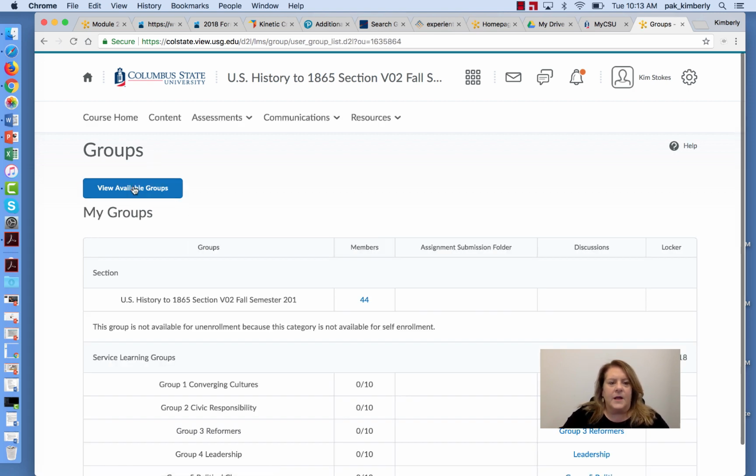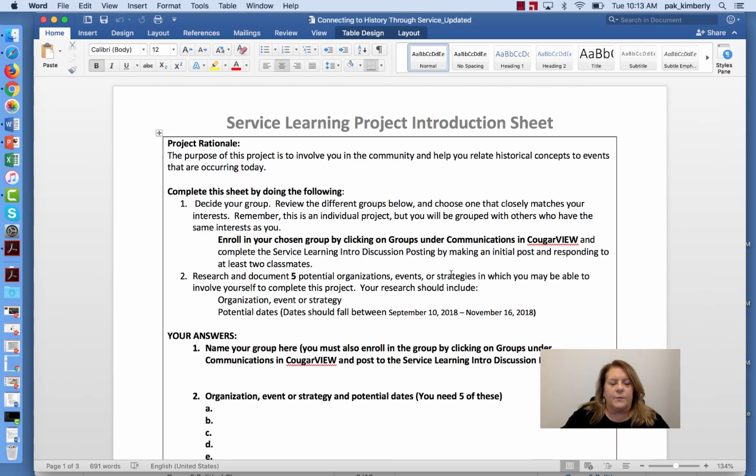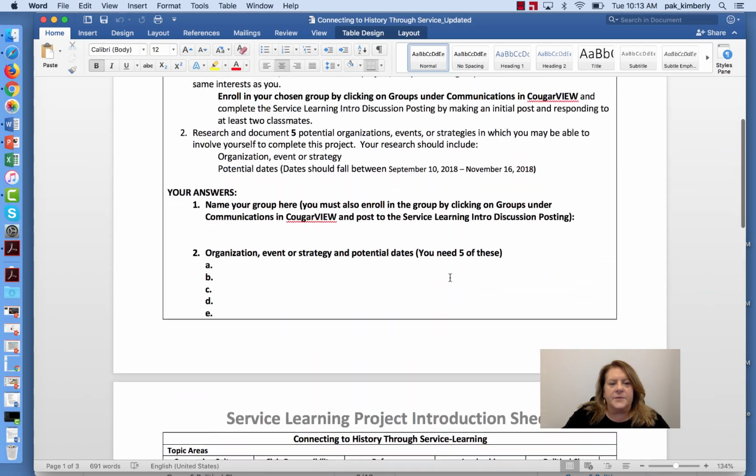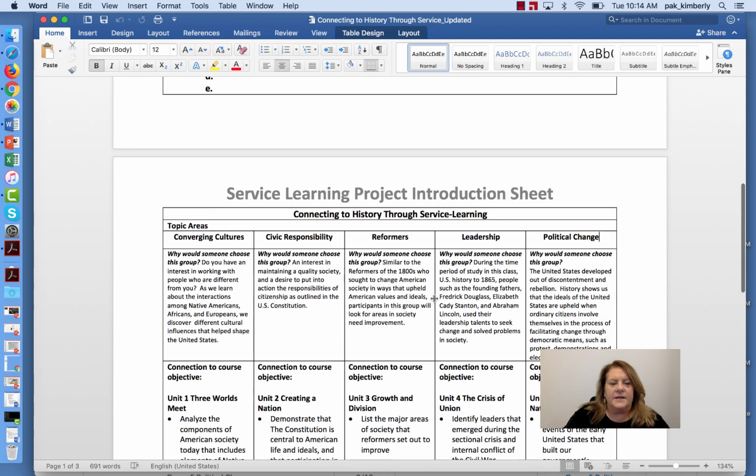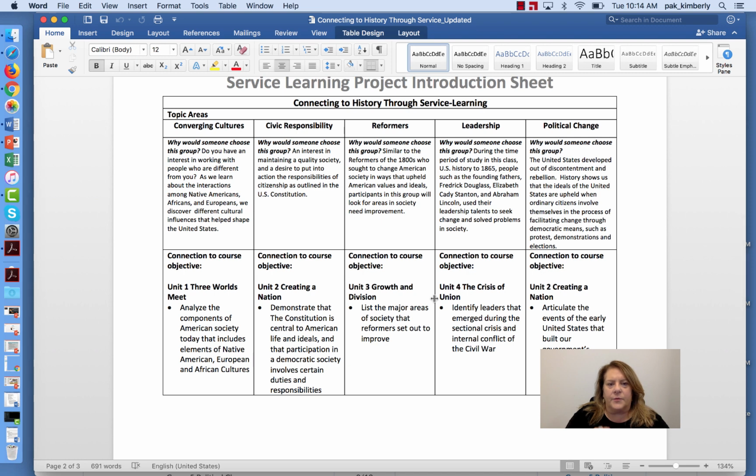Okay, but first, your first order of business is to decide which group you want to be in. Simply putting your group name on here and turning this sheet in does not guarantee you're going to be in that group. You have to self-enroll through CougarView. Okay.